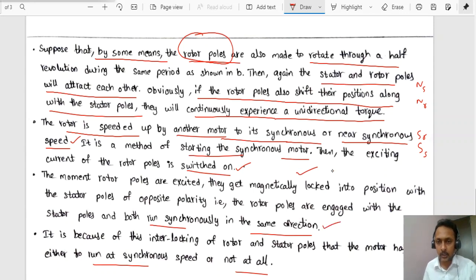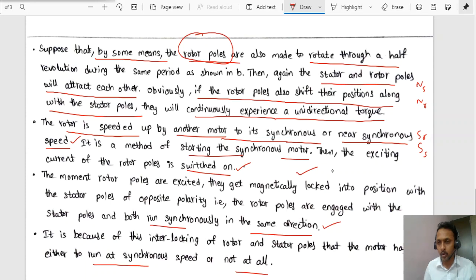So in this discussion of the principle of operation, the important key point is that somehow we want to make the rotor rotate at the synchronous speed by some external means. That is very, very important, right? At a time, both must be at the same position. North pole of stator and north pole of rotor should be at the same position.